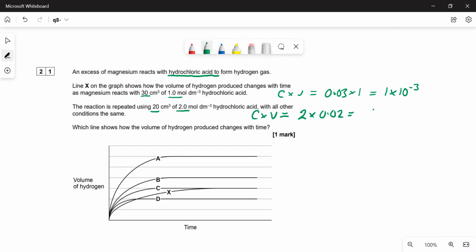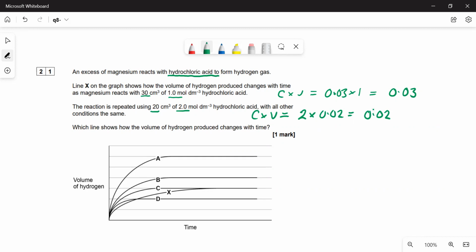Sorry, that's times 1, not times 10 to the minus 2. So I'll just write it like that. 0.03, and this one here is going to give us 0.02. So we only got 2/3 the moles there.